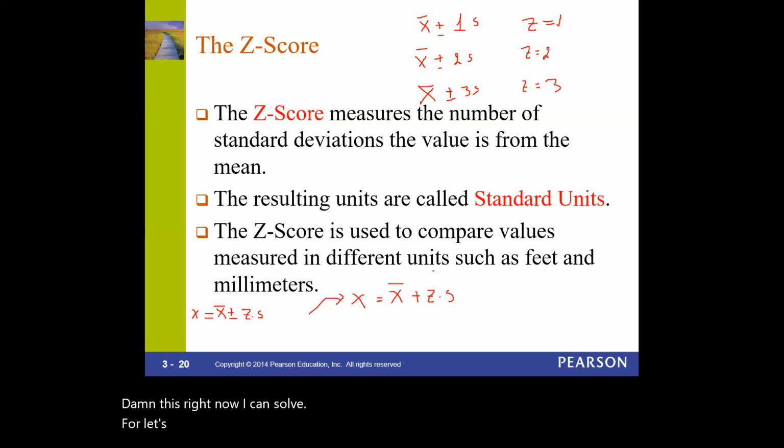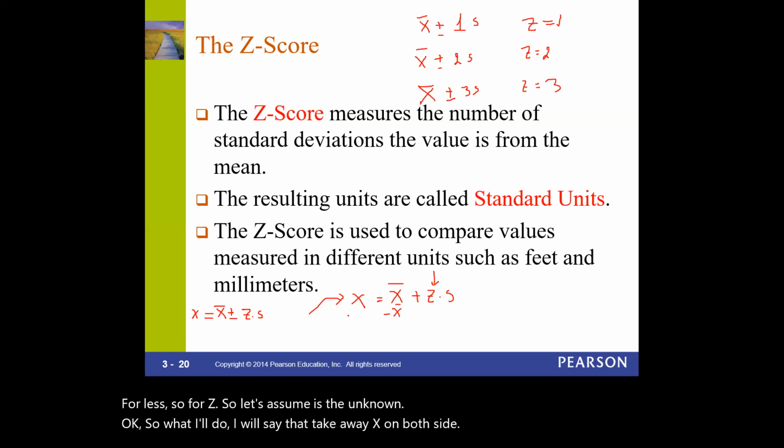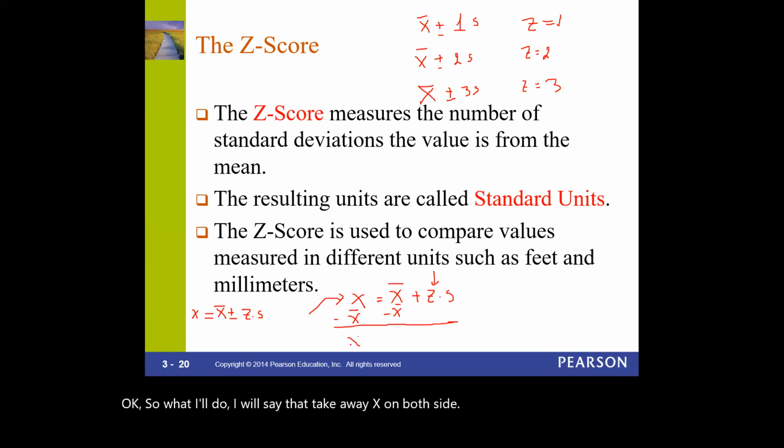So let's assume z is the unknown. What I'll do is take away x bar on both sides. We have x minus x bar is equal to z times s.